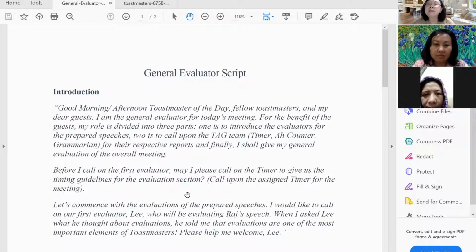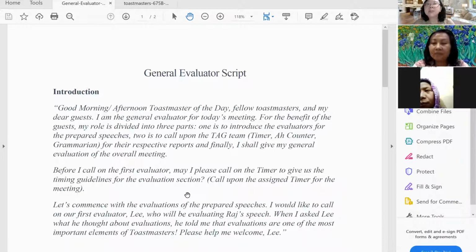Some general evaluators give table topic evaluation, because in most clubs, we don't have table topic evaluation, but that is optional. If you do have the TTE, the table topic evaluation, then of course the general evaluator report will be a lot longer.